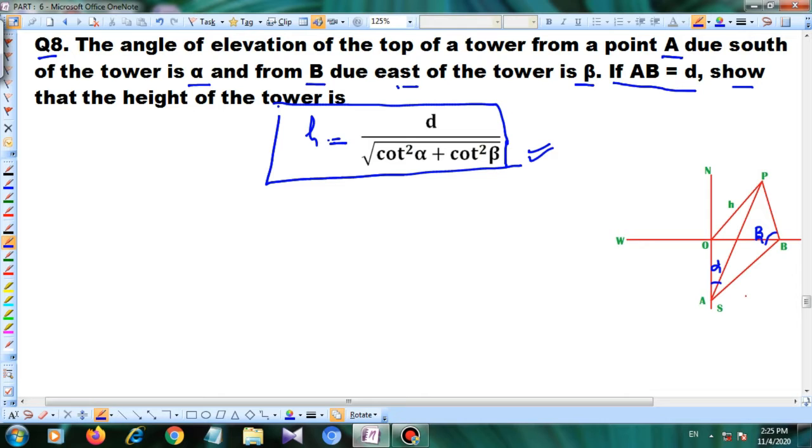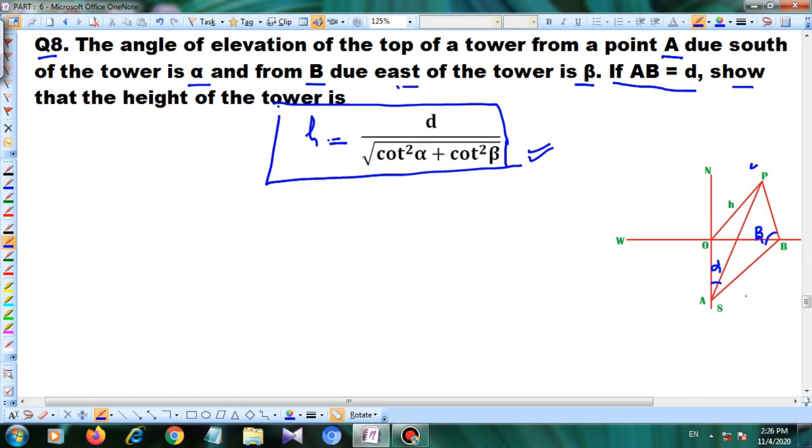Suppose the tower is standing at origin and P is the top of the tower. So the elevation from A, which is south of the tower, suppose the tower is standing at O, this is perpendicular to both the axes, x axis and y axis.